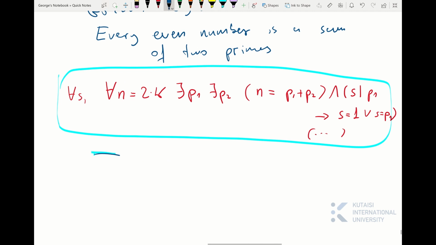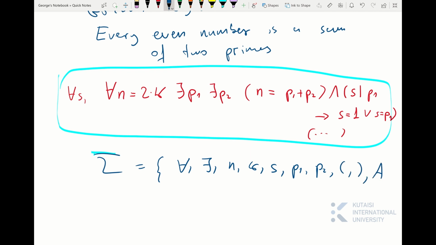Let's take the alphabet. Maybe this alphabet contains this symbol, maybe N, K, S, P1, P2, the parentheses, and so on. It's a finite alphabet, and it's a string over this alphabet without any meaning.